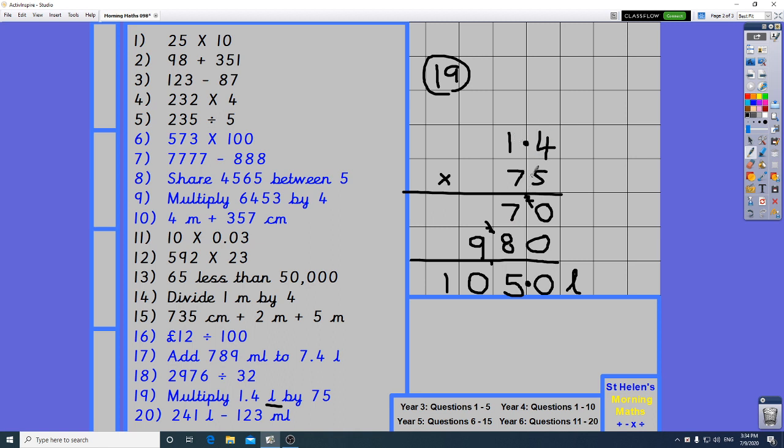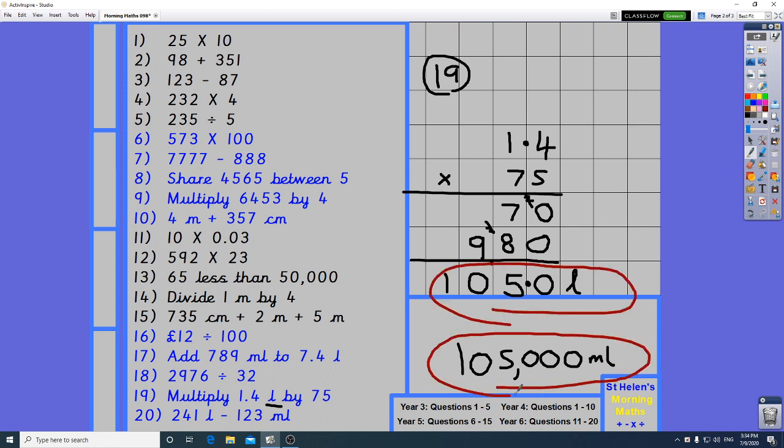So 1.4 times 75 is going to be a bit more, and 105 litres does make sense. If we did it in millilitres, it's a lot more. It's 105,000. It looks more. But millilitres, that's actually the same size as that.